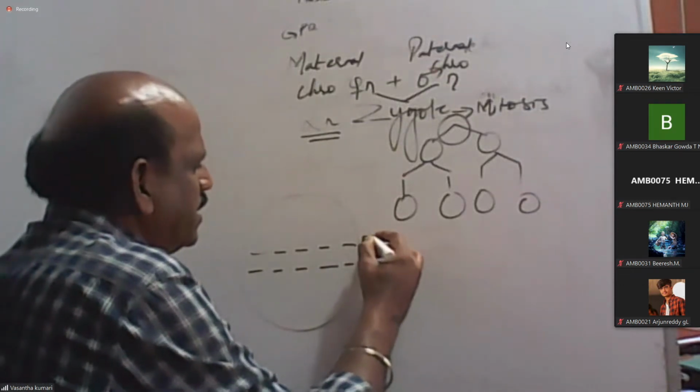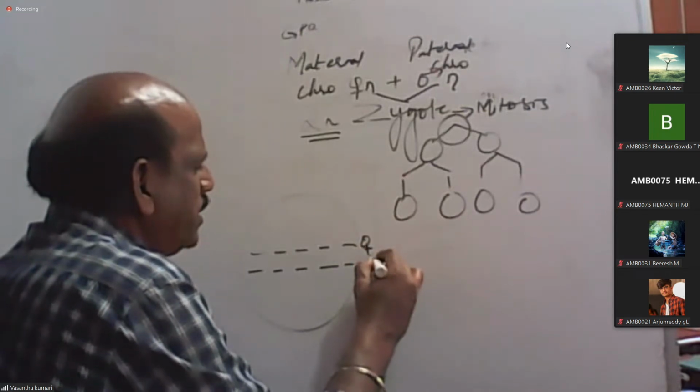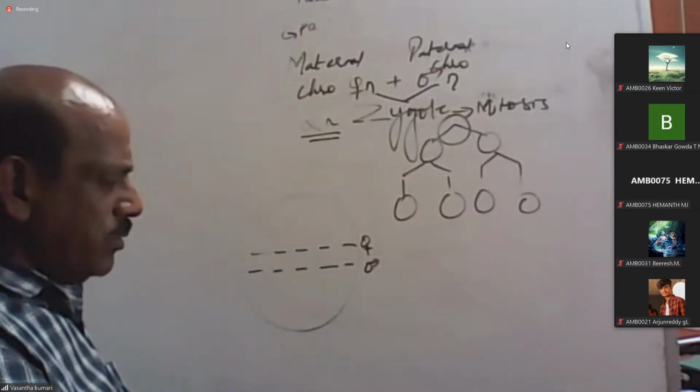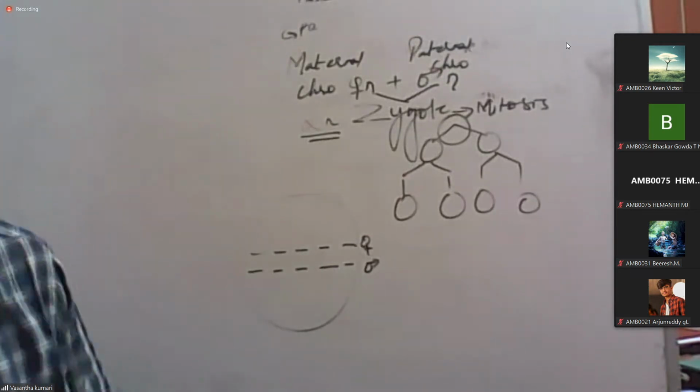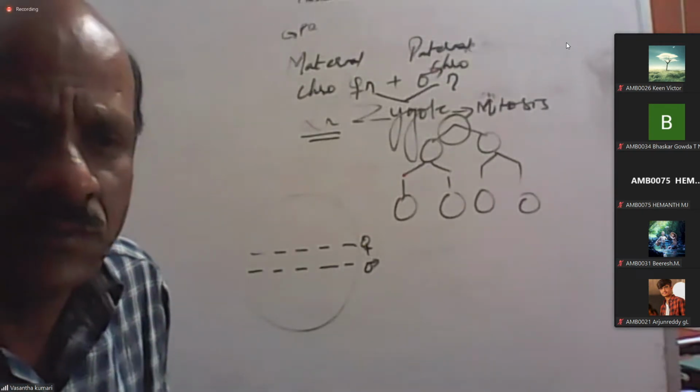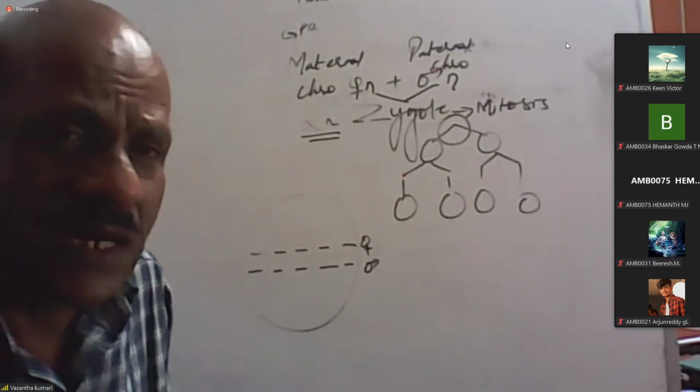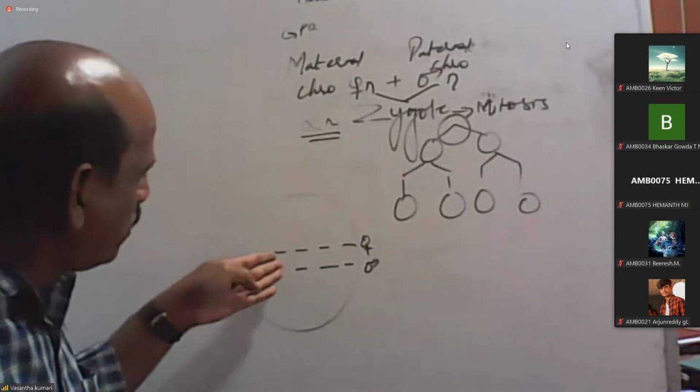Let us say this is a set coming from the female, this is a set coming from the male. Now, the male and female can differ for a number of characters. Of course, these characters are governed by genes. These genes are located on the chromosome.